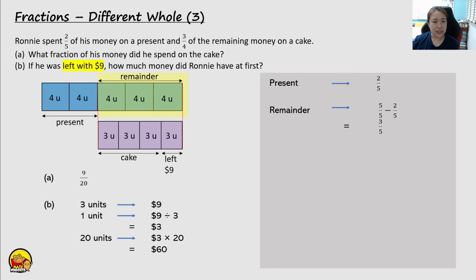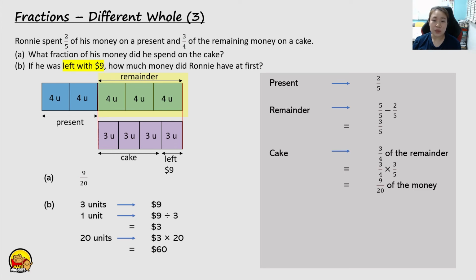So then it says that the cake, he spent 3/4 of the remainder on the cake. So 3/4 of, which is times, the remainder, which we found to be 3 out of 5. So 3/4 times 3/5.